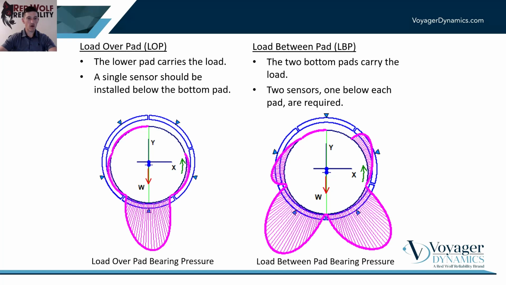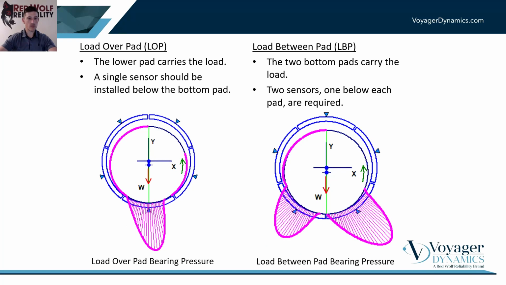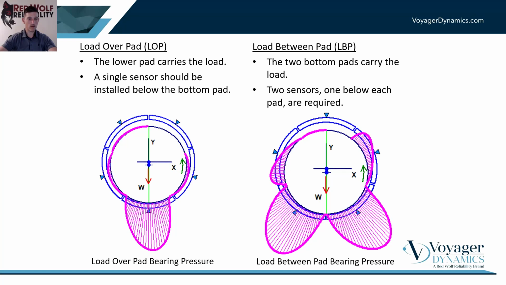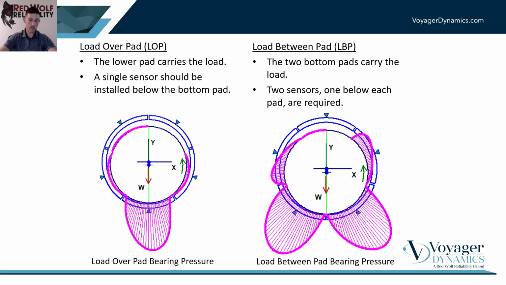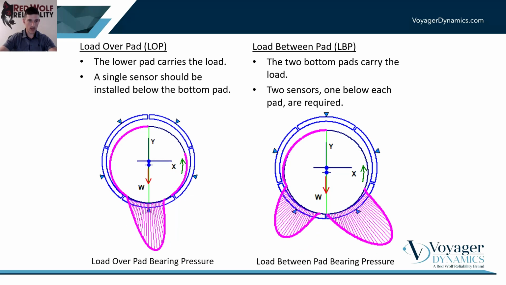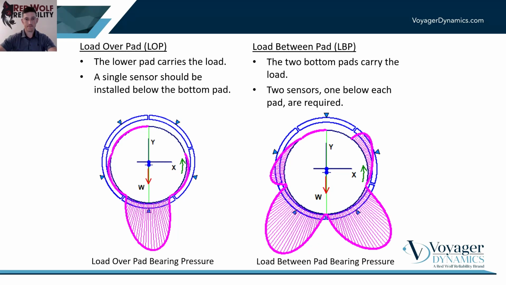For our load over pad, you'll notice that the high pressure oil film region actually occurs on that bottom pad. That bottom pad supports the majority of the load. And so we should be placing our FDS sensor at the bottom dead center position below that lower pad, right? Pointing that sensor towards the shaft.